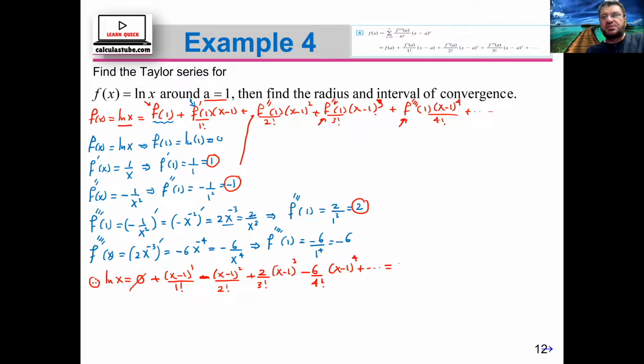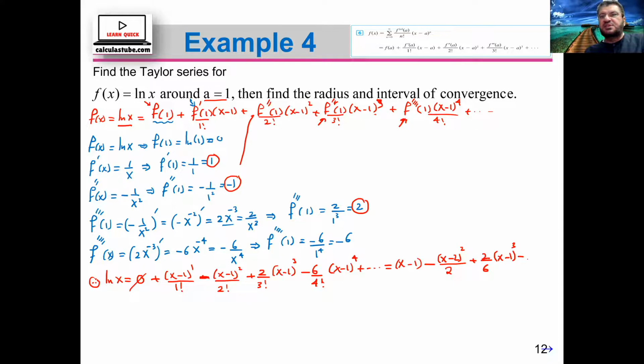So here it is again. We start with x minus 1, this is our first term: x minus 1 to the power 1 over 1 factorial. The second one is minus x minus 1 squared over 2 factorial, which is 2 times 1, which is 2. The next one is plus 2 over 3 factorial, which is 3 times 2 times 1, which is 6, times x minus 1 cubed.